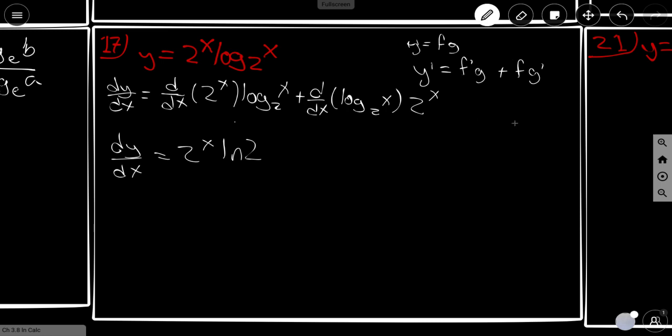The reason why is because there's a rule. If you have y equals 2 to the b, then dy over db is going to be 2 to the b times ln b.